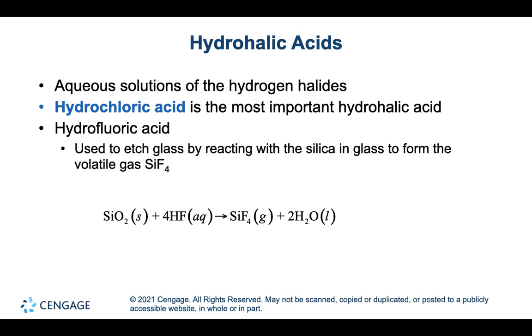Hydrofluoric, a lot of chemists use it, but they're very suspicious of it because the HF molecule, being so small, can penetrate through skin and then begin eating away at bone. So unlike other acids that sit on top of your skin and you can wash them off, HF soaks in, which makes it rather pernicious as far as handling it, because if it gets on your skin, you may not be able to get it out.